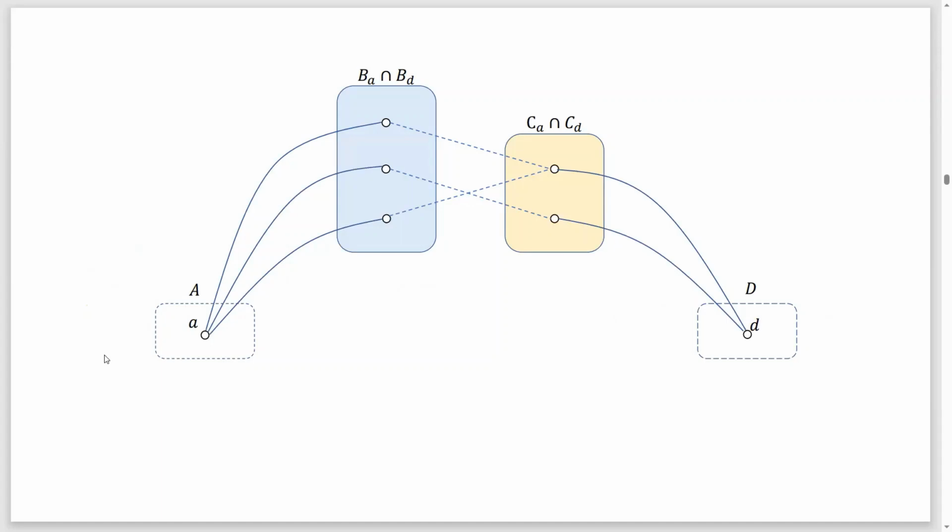So therefore, we can say that if the sets B_a cap B_d and C_a cap C_d have an edge, then the vertex connectivity of a and d is at least 1. And if there's none, then the connectivity of a and d is 0.